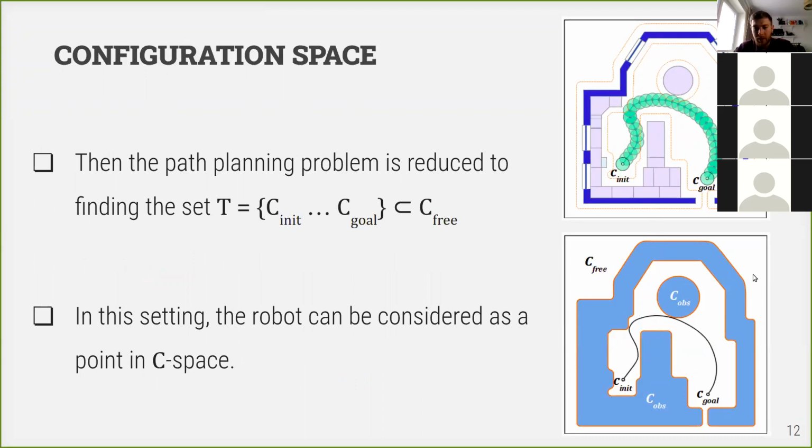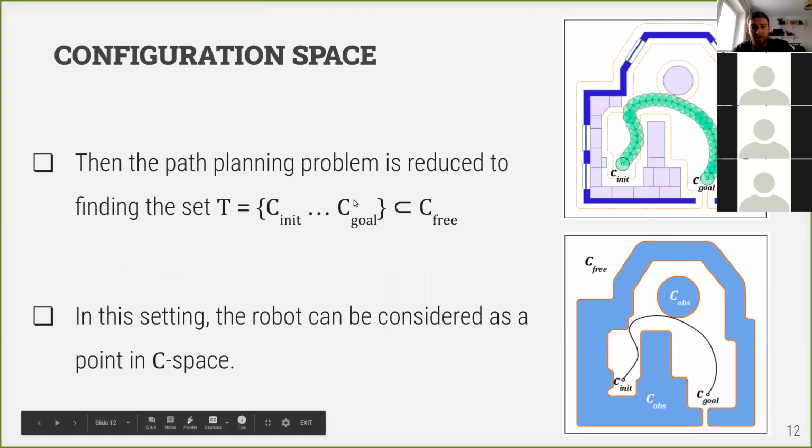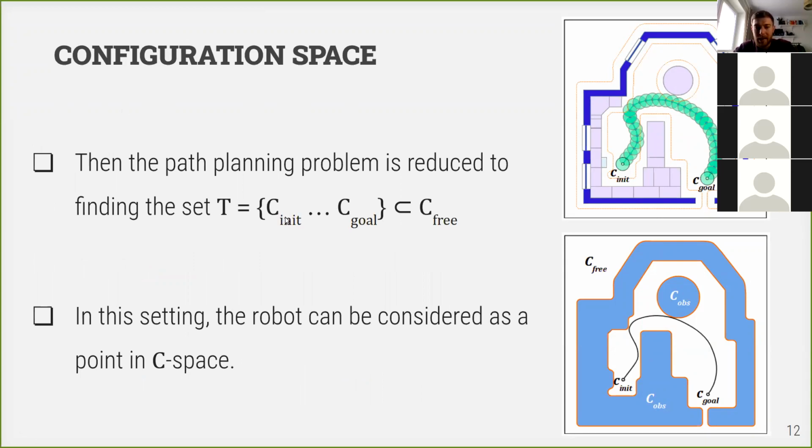So if you have this configuration space, then the path planning problem is reduced to finding the set T, which is the set of configurations of our robot from initial configuration to goal or final configuration. And all of these intermediate configurations have to be part of C free, because there cannot be any configuration in our plan which will lead to collision, right? Because we want to find a collision-free path.